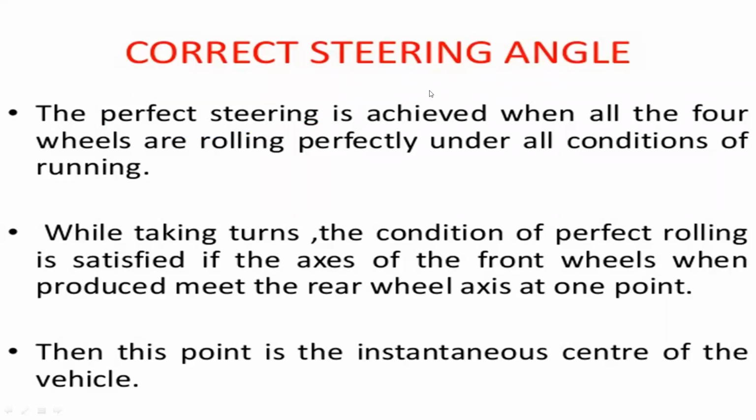Next, while taking turns, the condition of perfect rolling is satisfied if the axes of the front wheels, when produced, meet the rear wheel axis at one point. So when taking turns in automobile vehicles, the condition of perfect rolling is satisfied and we can maintain the correct angle. The steering system should use correct and proper turnings on the road.